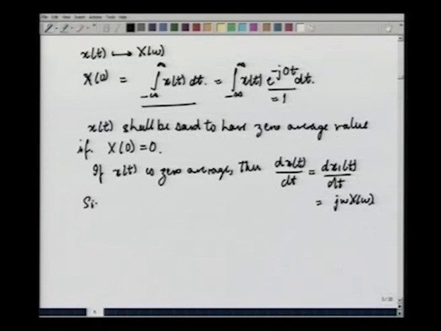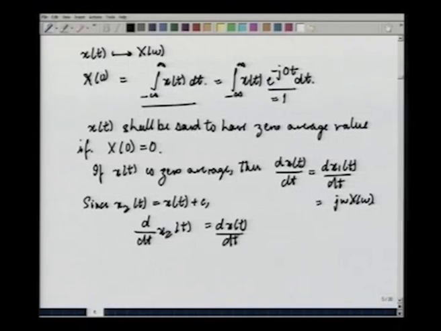Since x2 of t equals x of t plus c, dx2 by dt equals dx by dt, these two are the same thing, but then X2 of omega equals X of omega plus 2 pi c delta of omega.